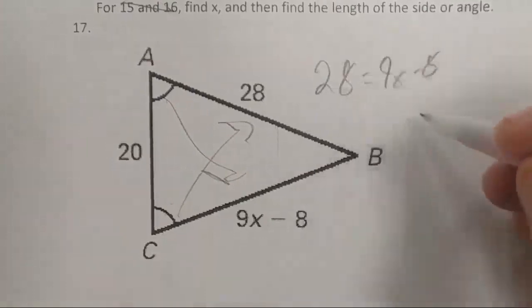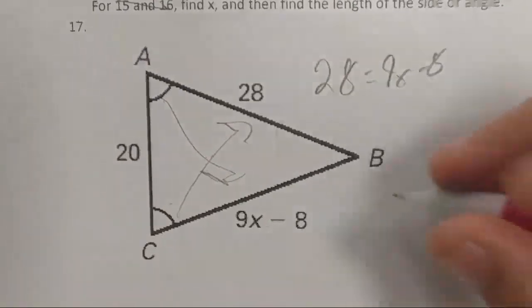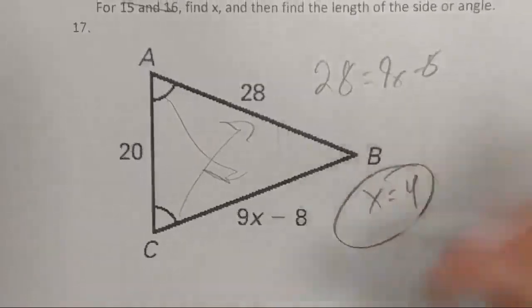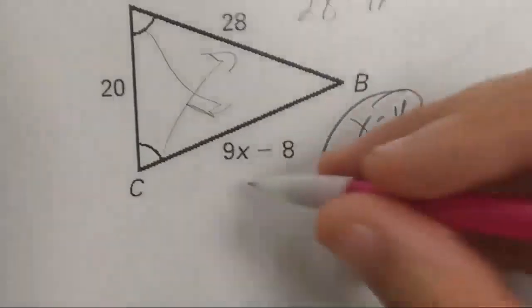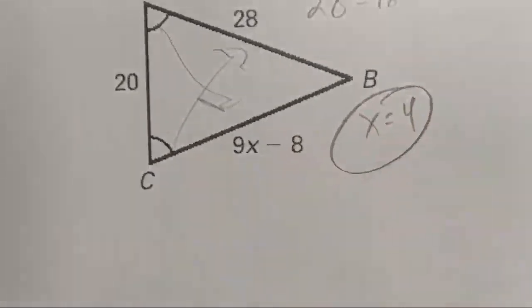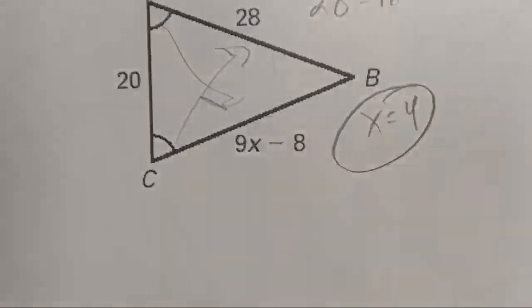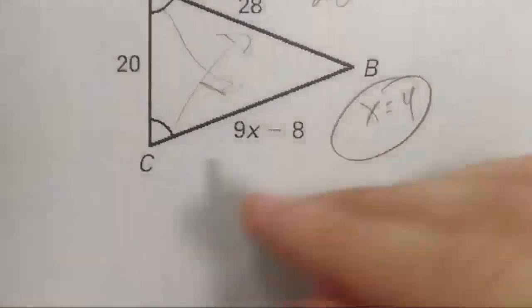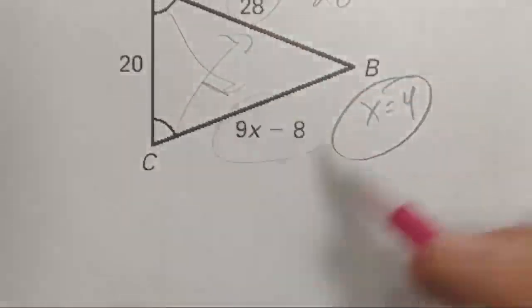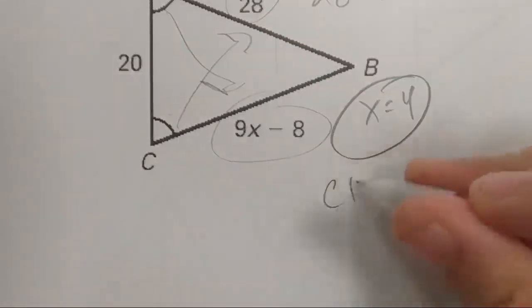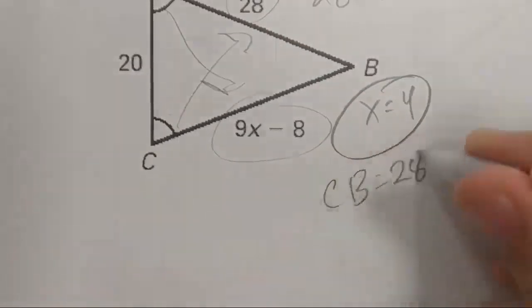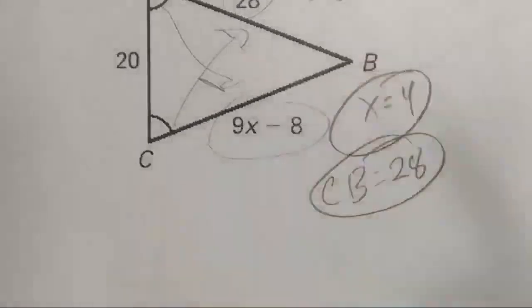Wait, that can't be right. That's 36, and then 36 divided by 9 is x equals 4. So I found x equals 4, and I'm going to plug it back here. 4 times 9 is, again, 36. Wait, actually, I already know the length of this side, because if this is 28, this also has to be 28. So CB equals 28. That's really funny. I didn't even have to do the math for that.